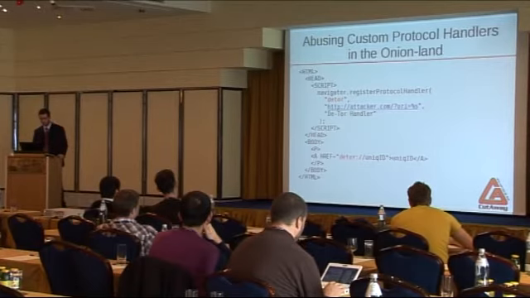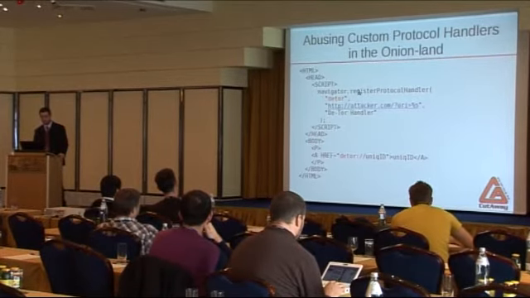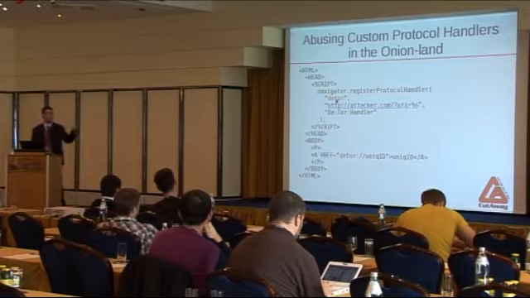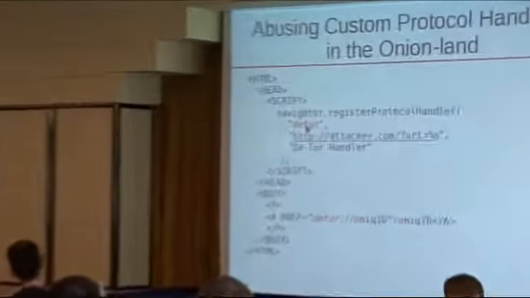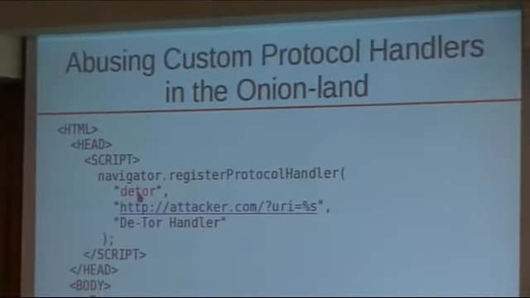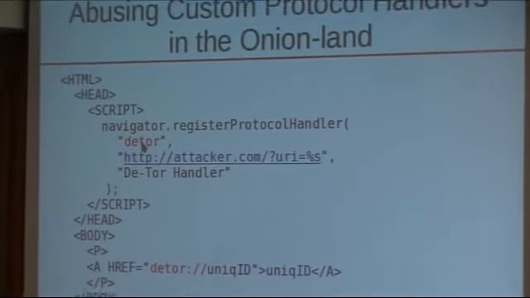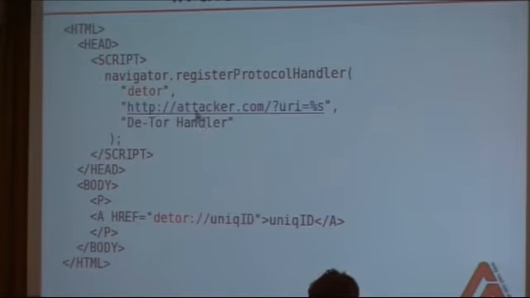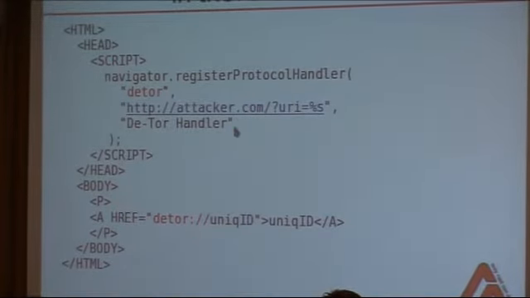We use this piece of JavaScript, which is registerProtocolHandler. I hadn't much imagination, so I call the MIME type, the type of the application, the TOR. And I provide a web application URL, which is attacker.com, and a description, the TOR handler, okay?